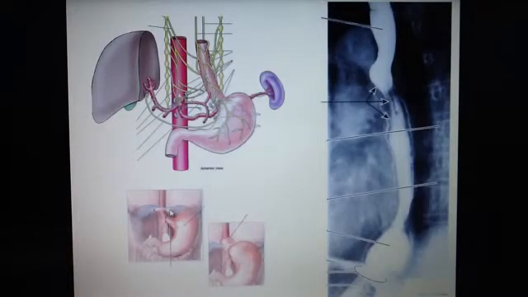And one of the dangers here is that Barrett's esophagus has a strong association with esophageal adenocarcinoma, which is a particularly lethal cancer. So you should be aware of patients who are complaining of chronic acid reflux.